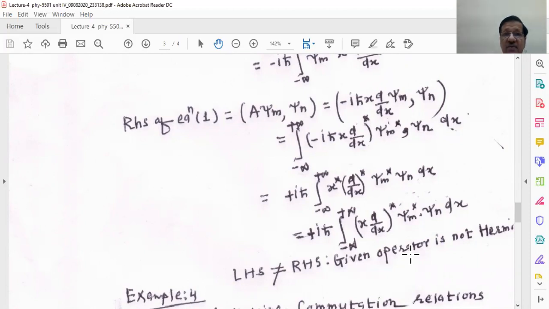So here we have taken at least 3 examples to verify whether the operator is Hermitian or not. I will give you an assignment problem with some test operators to verify the Hermitian operator, and you derive it and try to solve this problem.